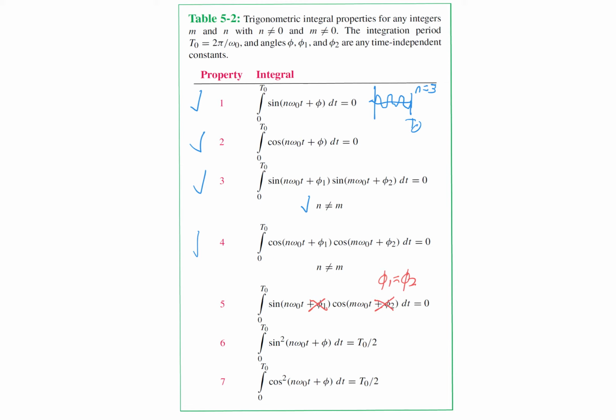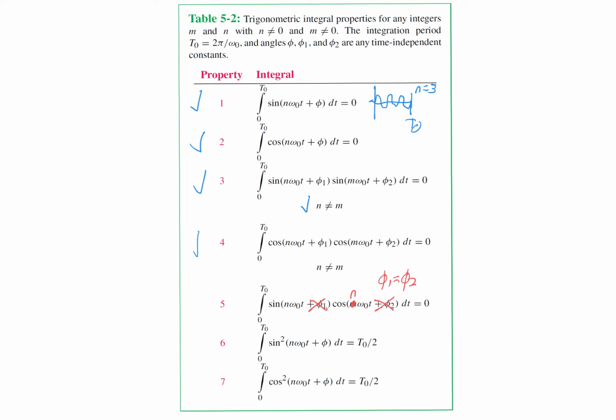So when n and m are not equal, there's nothing interesting that property 5 is adding. So let's make this restriction in order to focus on what we really need and what the book really intended with property 5. For property 5, we are intending that this n and the m are equal. So let's just call this n here. So we have a sine and a cosine at the same frequency, which is a multiple of the fundamental.